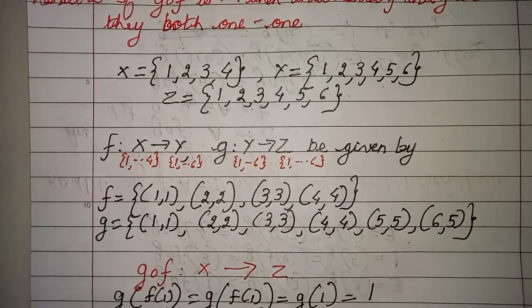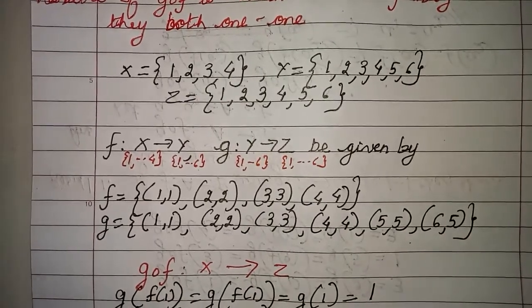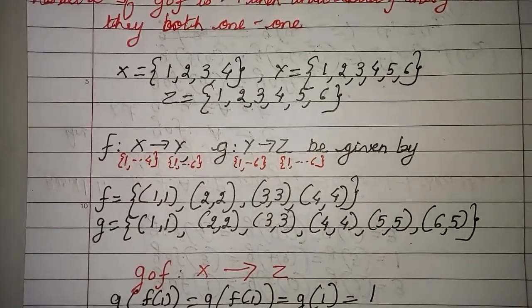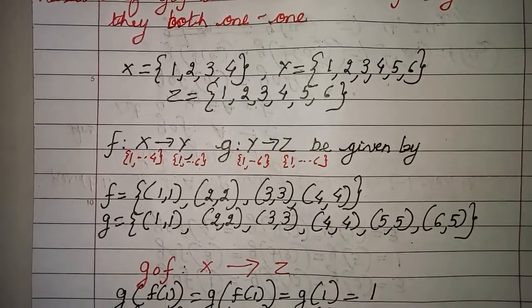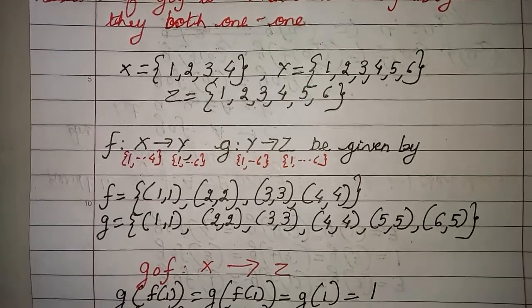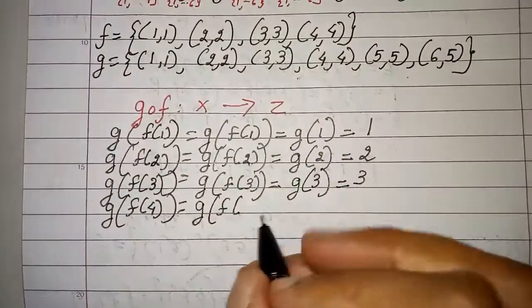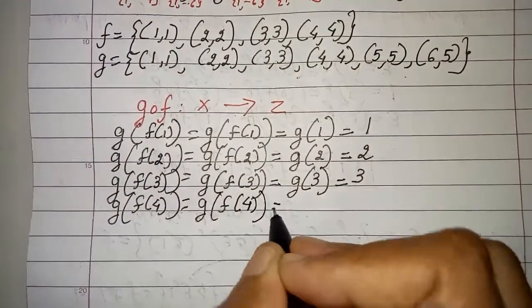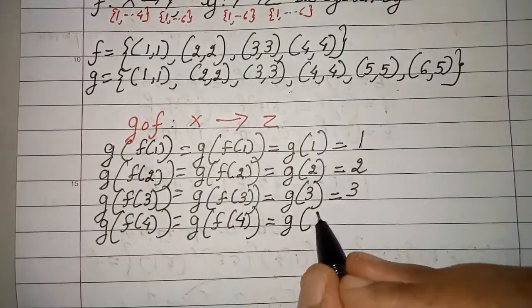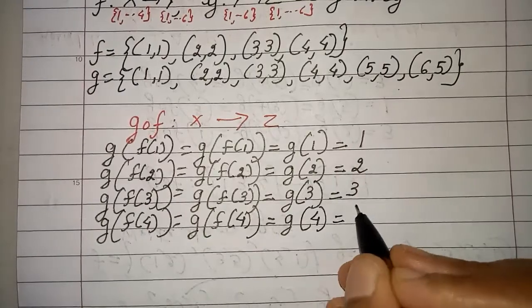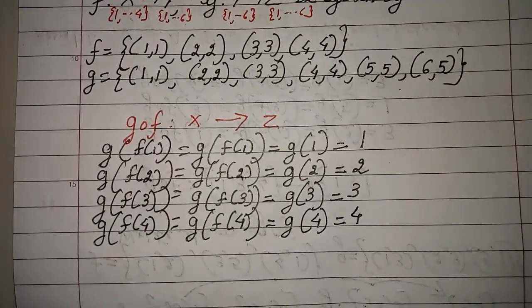Similarly g of f of 3. By definition, f of 3 is 3, and g of 3 is again 3. So it is again 3. Then g of f of 4. So 4 is going to 4 here, and again it is 4.